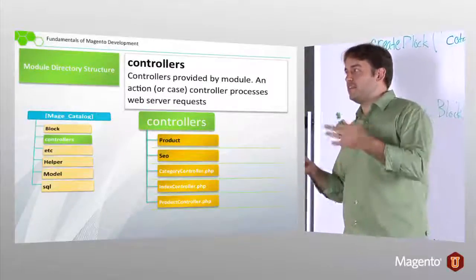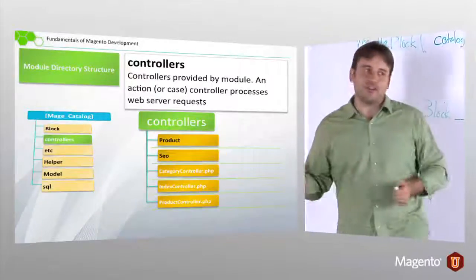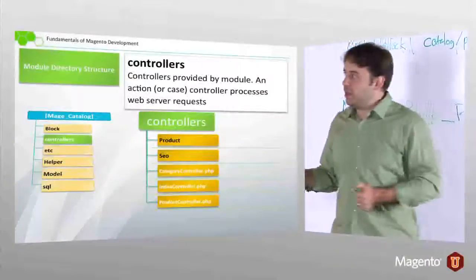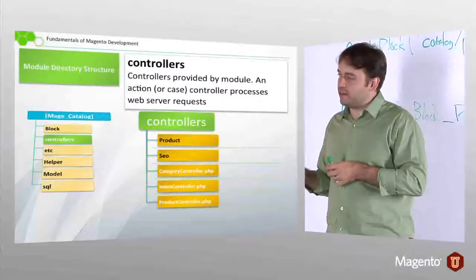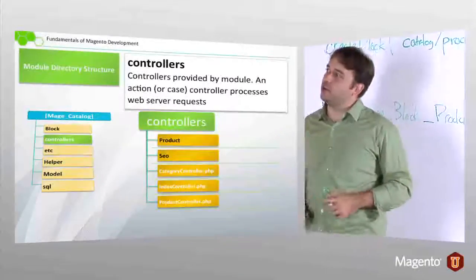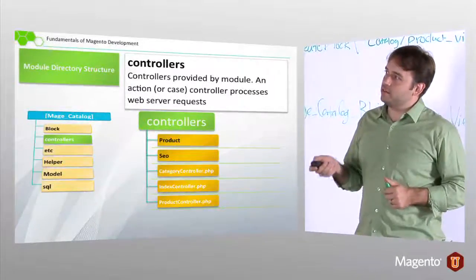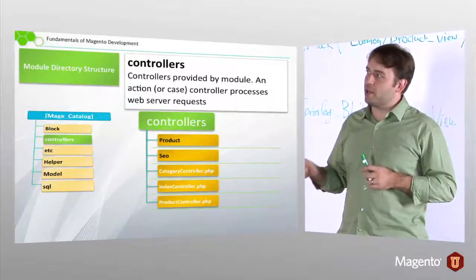Once we get to the controllers folder, it's more like a conventional routing system in that these are matched based on paths. Of course, we'll look at that in detail later. But for now, just remember that the controllers are not included by the autoloader, whereas block, helper, and model are.